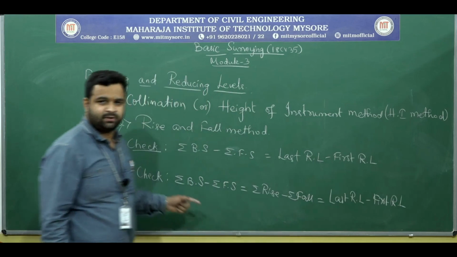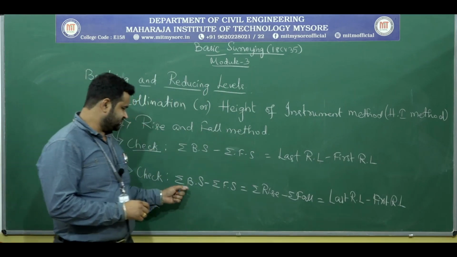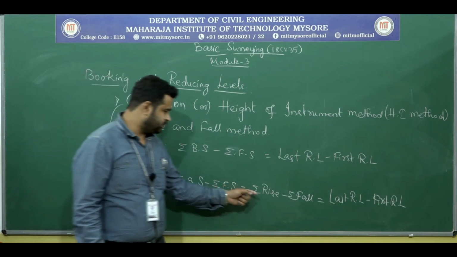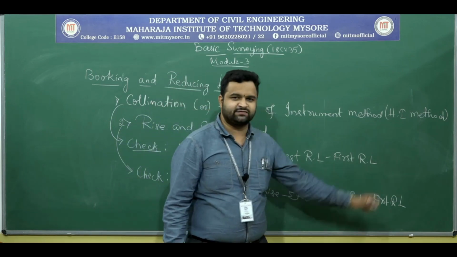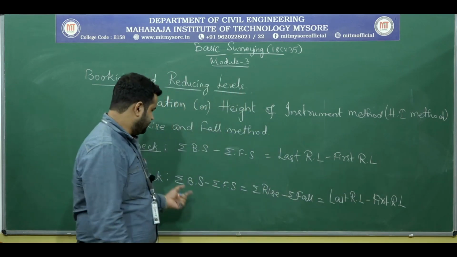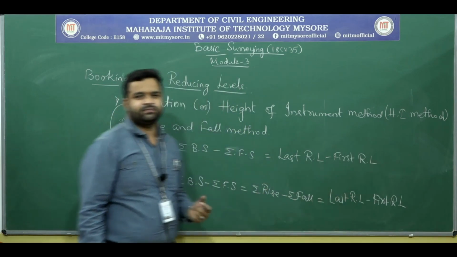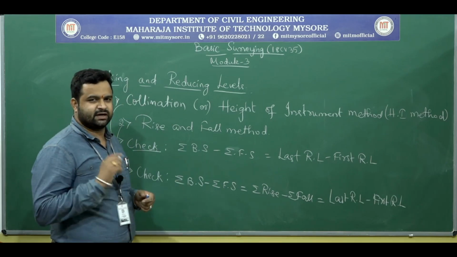This is the check to be adopted in the rise and fall method. Okay, so summation BS minus summation FS should be equal to summation rise minus summation fall, which should be equal to last RL minus first RL. If this value is equal to this value and is equal to this value, then we can say the elevations which you have computed are correct.